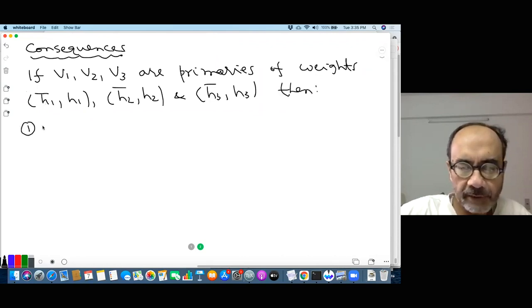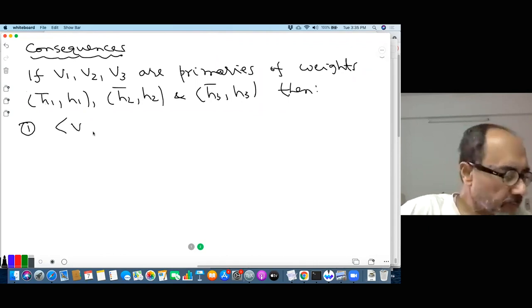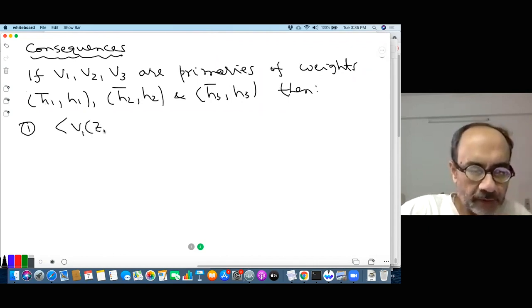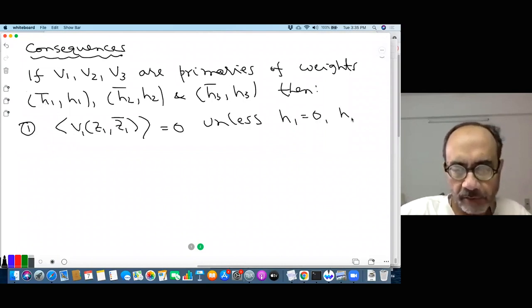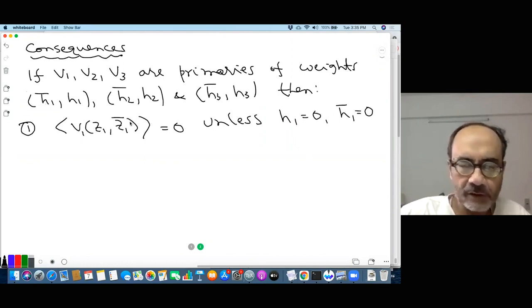First of all, the one-point function is equal to 0 unless H1 equal to 0, H1 bar equal to 0. Of course, even in this case it can still be 0, but this is a necessary condition for this to be non-zero.